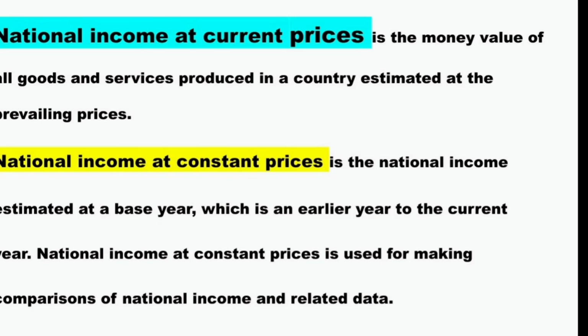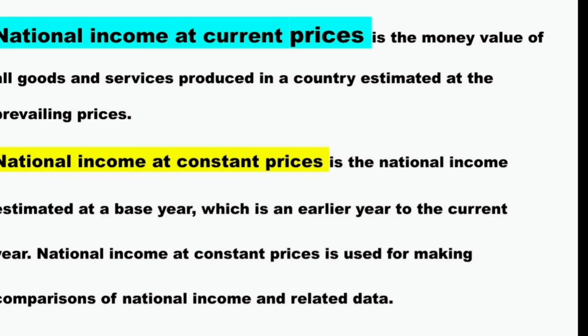National income at constant prices. The real national income is the national income estimated at a base year, which is an earlier year to the current year. National income at constant price is used for making comparison of national income and related data. So, we are going to see why national income at constant prices, or GDP at constant prices, is a true indicator of economic development.